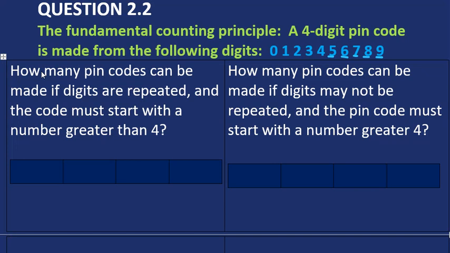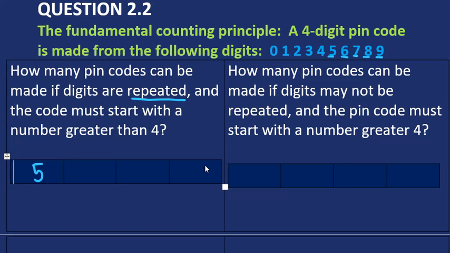So that means to start off with, you've got 5 options to choose from. There are only 5 digits that are greater than 4. So you've got 5 digits to choose from. Now, what about your second digit? Now, remember again, these digits can be repeated.